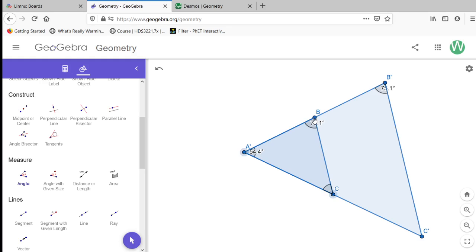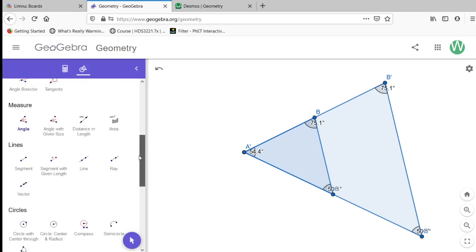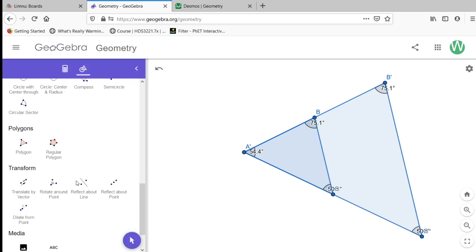Angle ACB is a 50.5 degree angle. So the angles are identical with these similar triangles. This will always be the case when we are dealing with these factors.